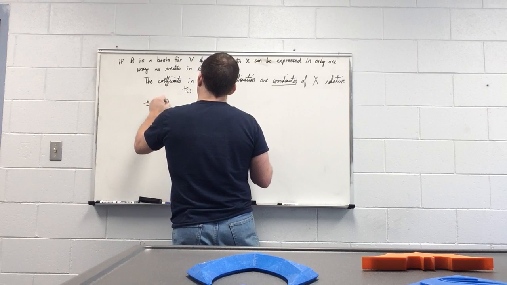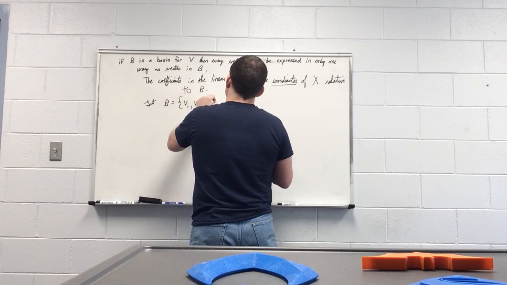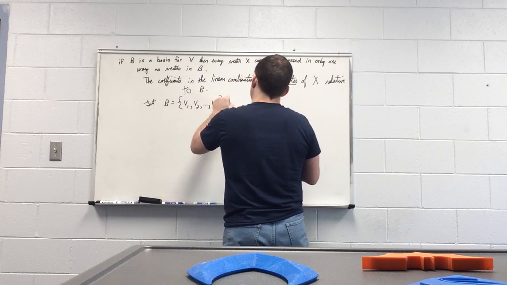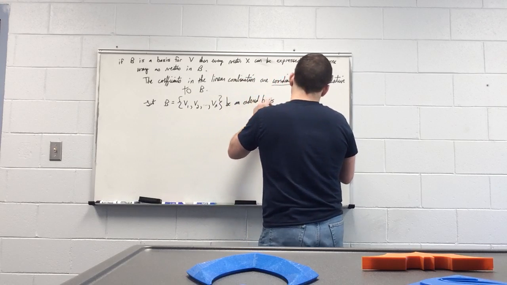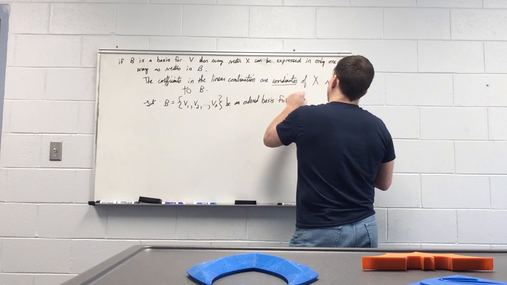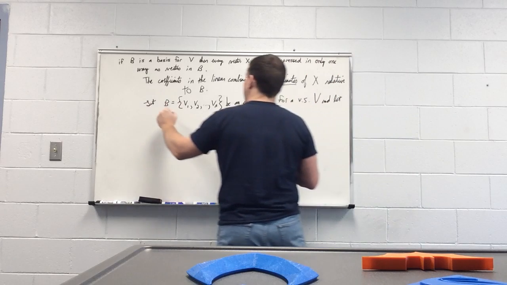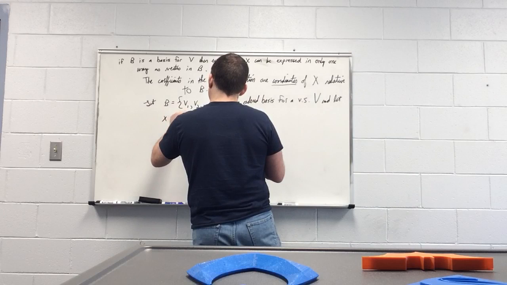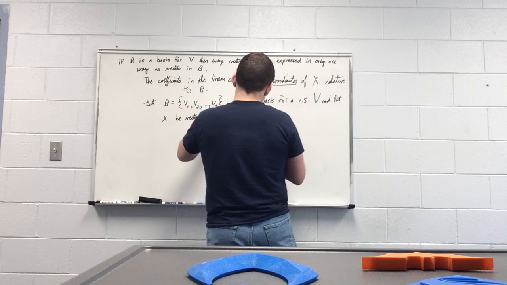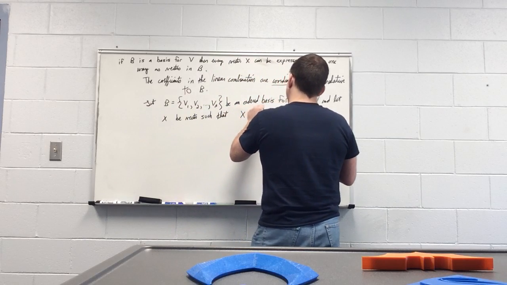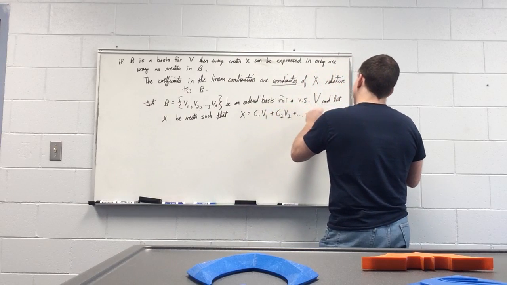So let B equal a set of vectors V1 to Vn be an ordered basis for a vector space V, and let X be a vector such that X is equal to C1V1 plus C2V2 all the way out to CnVn.